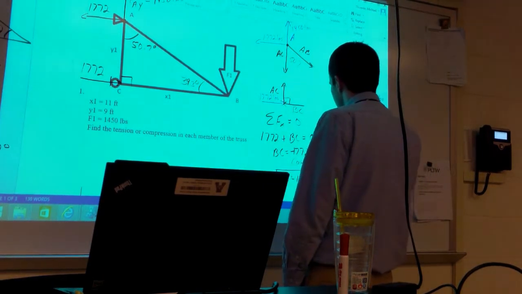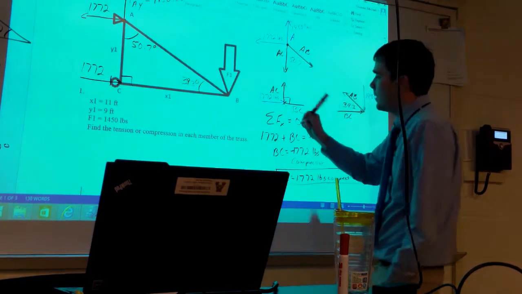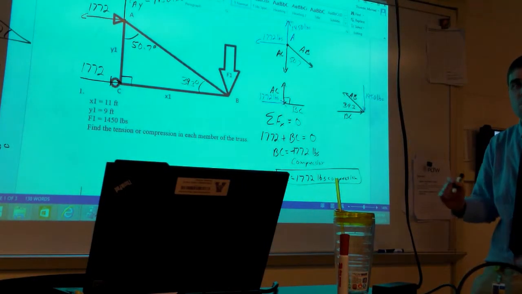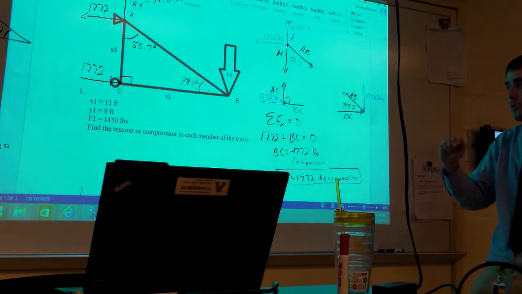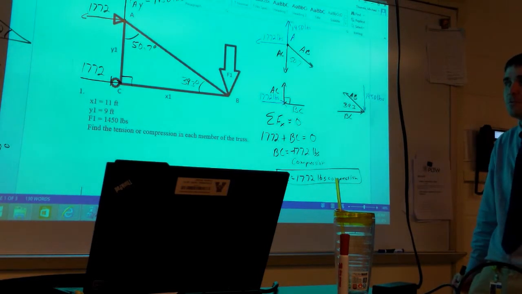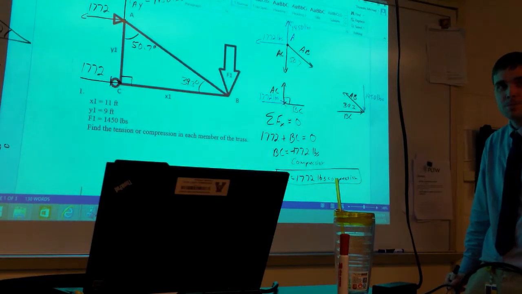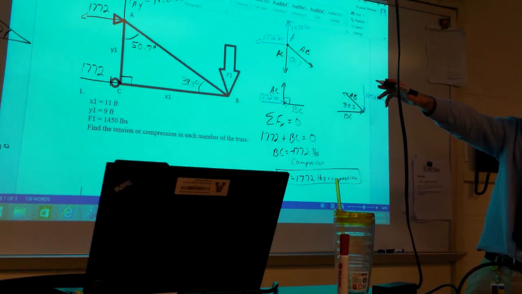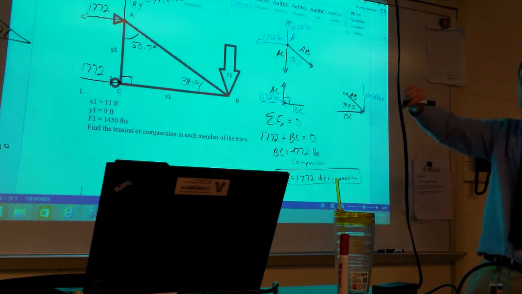Alright, let's look at AC again real quick here. How many forces are there in the y direction on this one? AC is the one force. So what does AC have to equal if all the forces in the y direction have to sum up to 0? 0. So we got a really small number for AC because of rounding, except for Paul, who probably kept all his decimals.